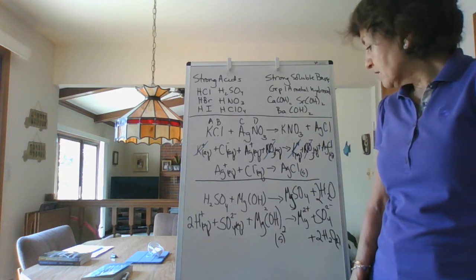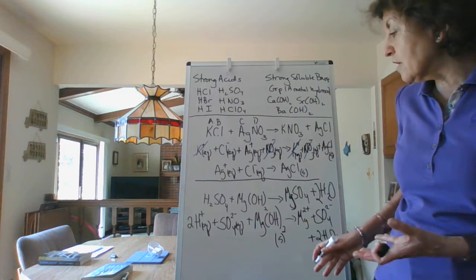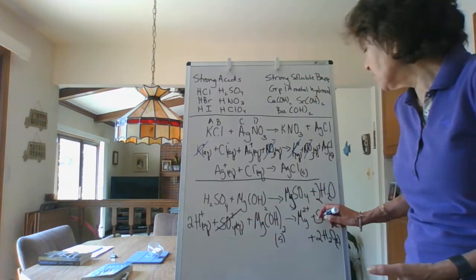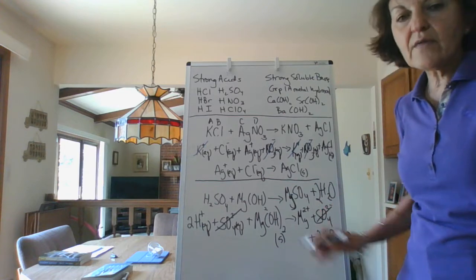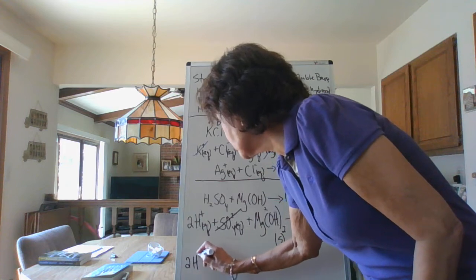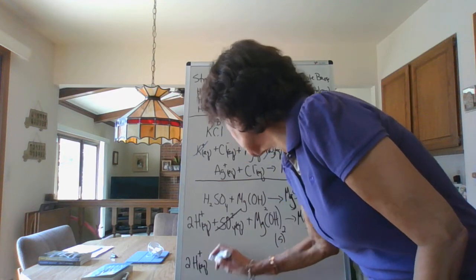All right. Now what can we cancel? Well, the only thing you can cancel is the sulfate. So we're going to cancel this and cancel this and then rewrite it. 2H+ aqueous. What are the sulfates?